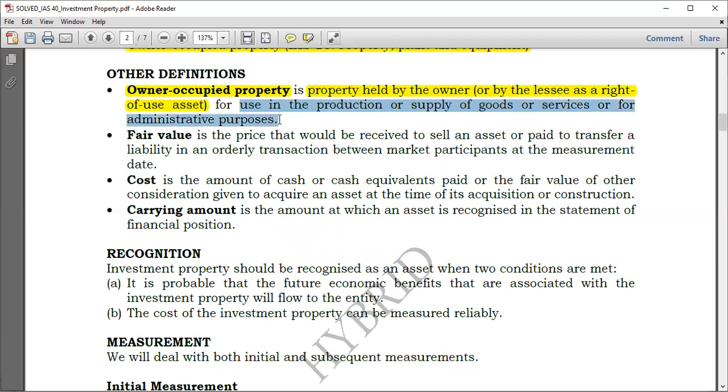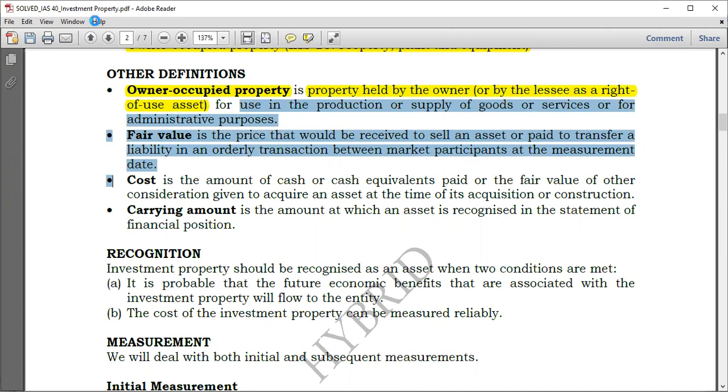Don't you see that this is for IAS 16 property, plant, and equipment? We just took a look at the definition of investment property and we saw all this, right?